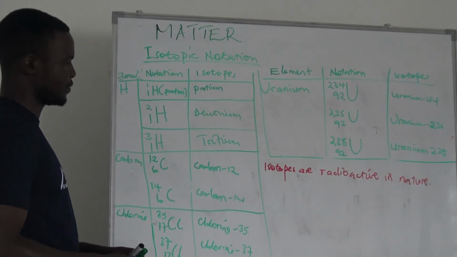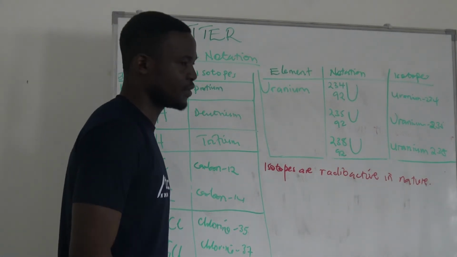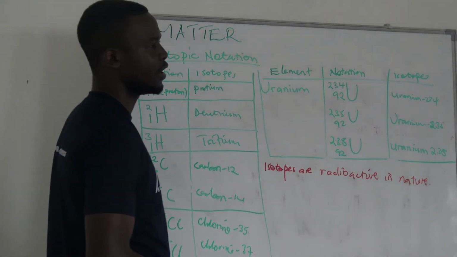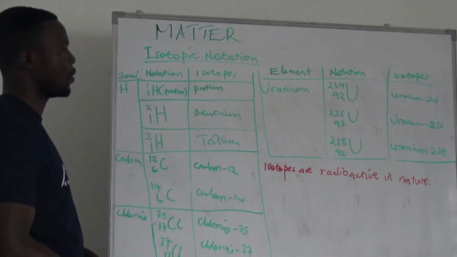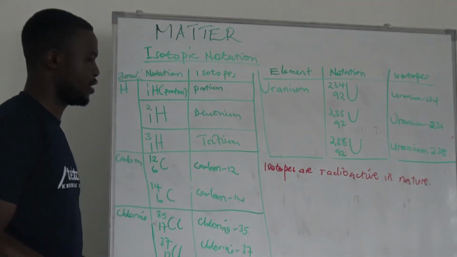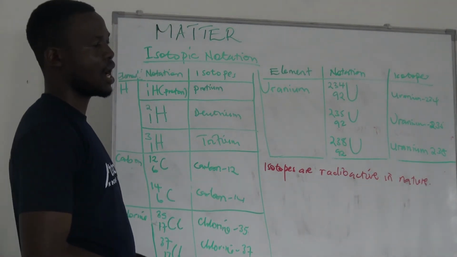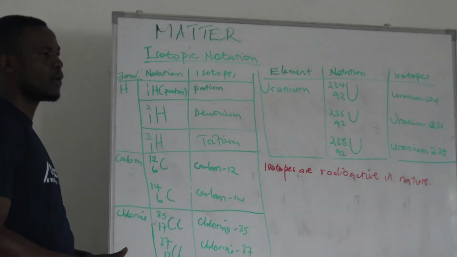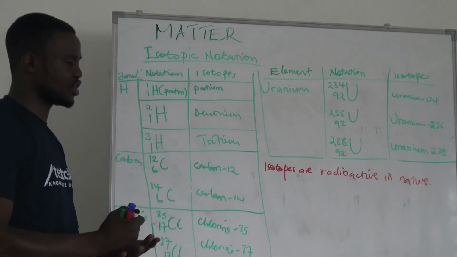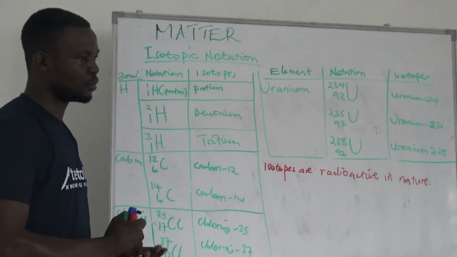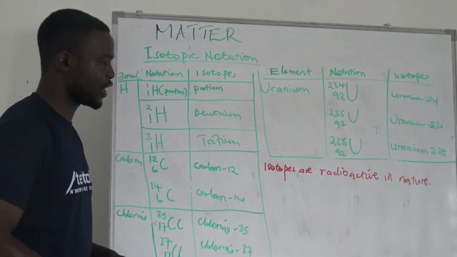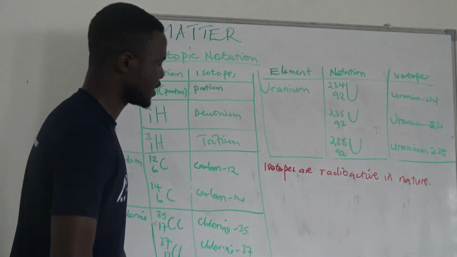Or what is radioactivity first? Radioactivity is the spontaneous disintegration of a radioactive nuclide by emitting either alpha particles, beta particles, or gamma rays plus energy, to obtain stable atoms out of them. That process is called radioactivity, and we shall see it ahead.